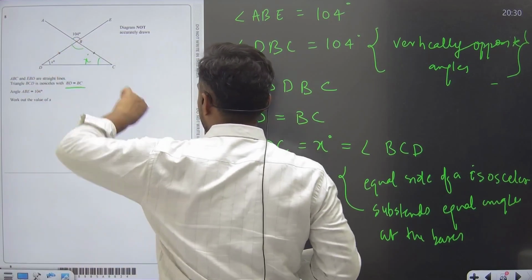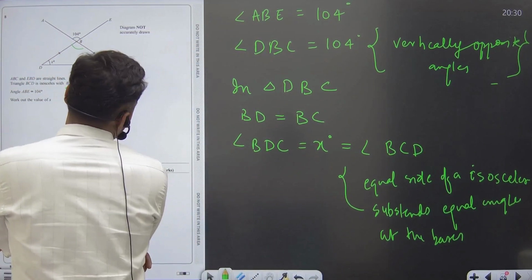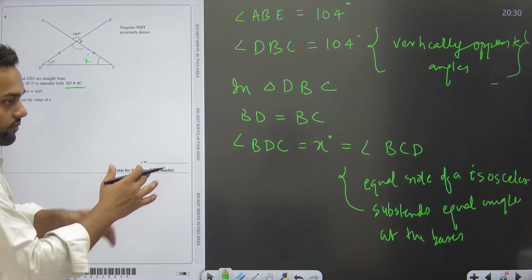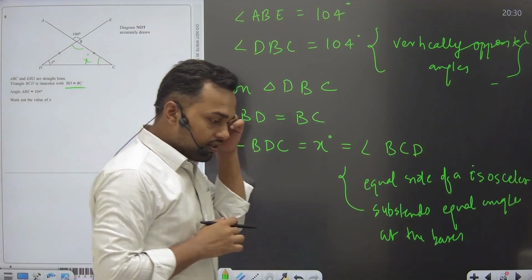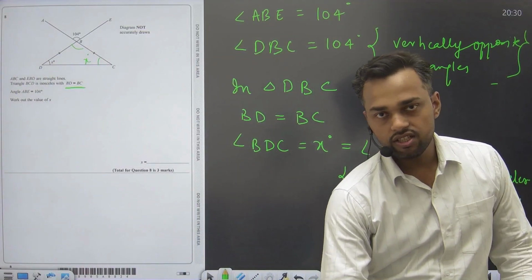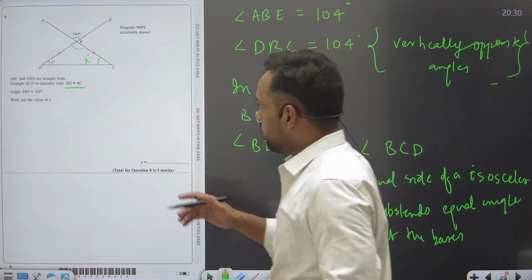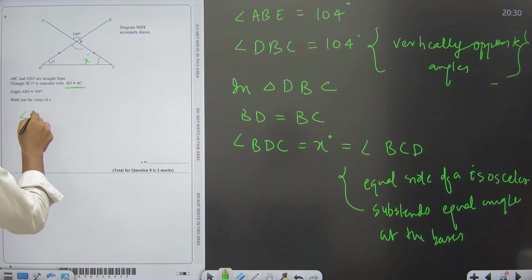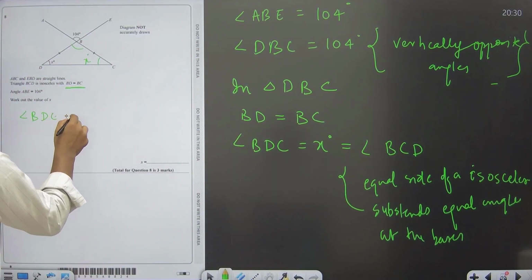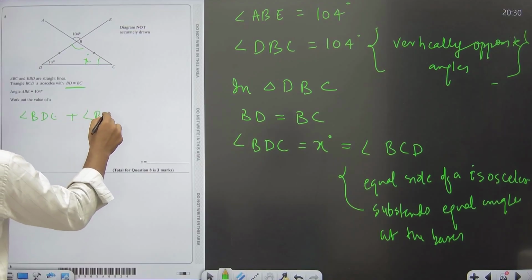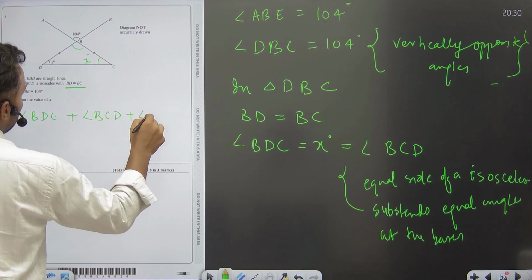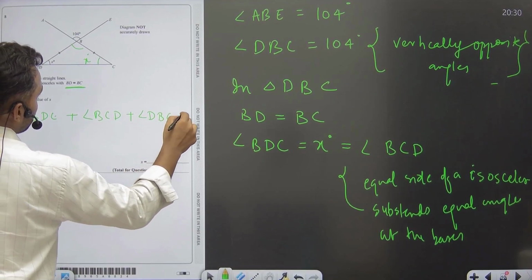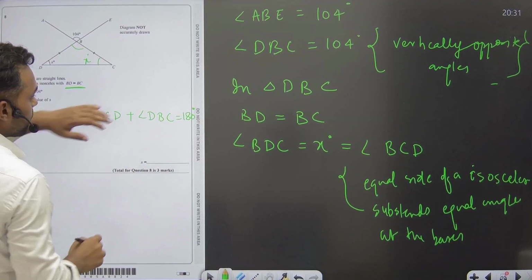Now in triangle BDC, by the angle sum property of a triangle, we know that the sum of the angles of a triangle is 180 degrees. So we just need to calculate: angle BDC plus angle BCD plus angle DBC equals 180 degrees by the angle sum property.